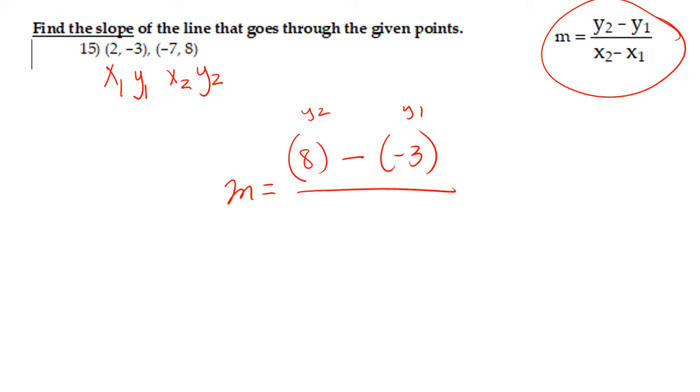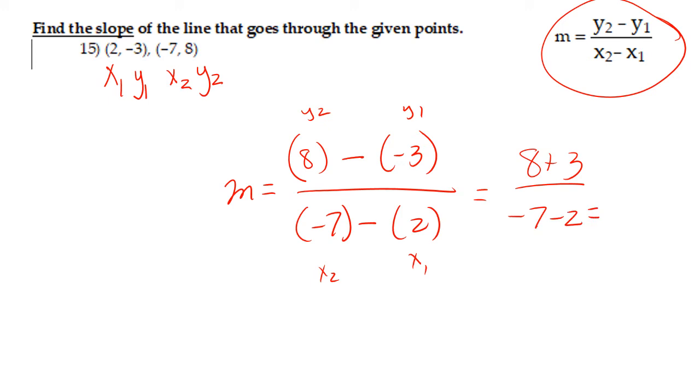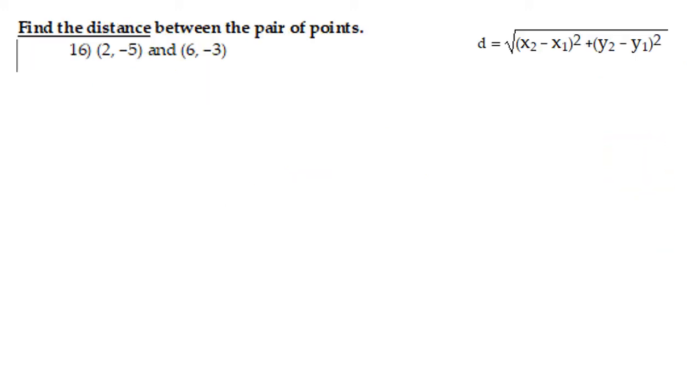Then I would have negative 7 subtract 2 using my x2 and x1. When I simplify, I notice the double negative becomes a positive in the top. So that will yield 11 over negative 9. Final answer.